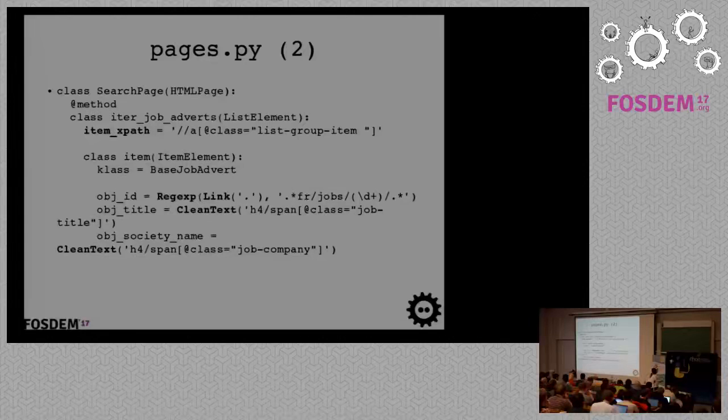And then for each item, you take the link item and use a regex on it, and then take the results. So it's really a few lines, and you've got the data you need. That's not the full text because there are some more fields, but at least you get a title, the description, and the ID.